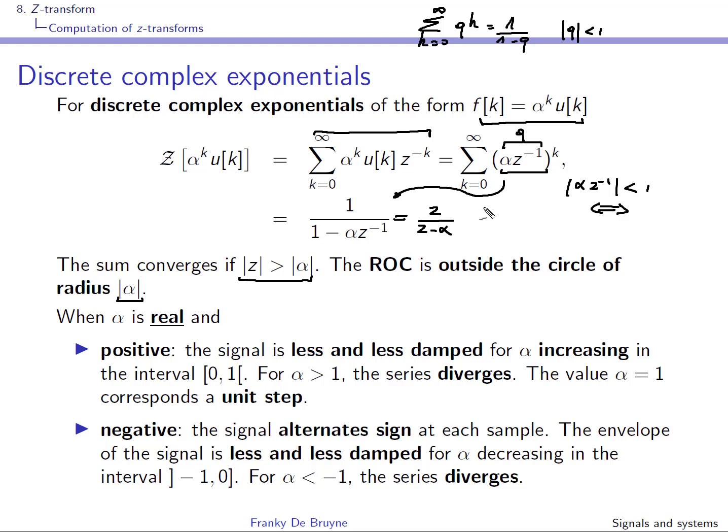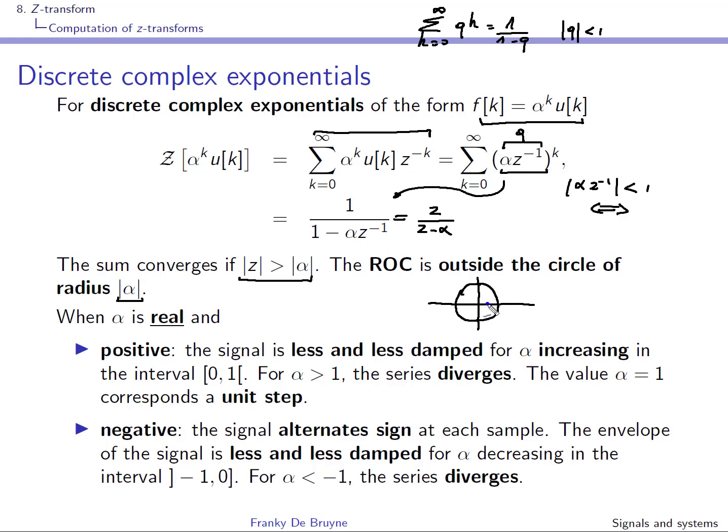Another way to obtain the region of convergence is to have a look at the pole. Suppose here that alpha is real, that you have your pole here at alpha equals 0.5. What you will do is, you have a radius of 0.5 here, that's the maximum radius.